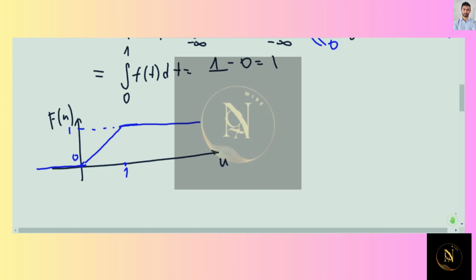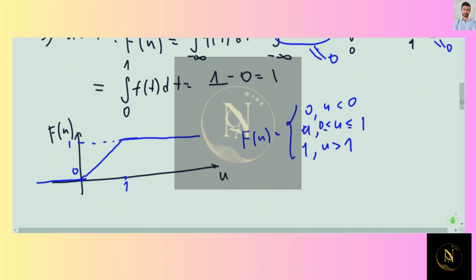Mathematically, we can write it in the following way. It equals 0 when u is below 0, it equals u when u belongs from 0 to 1, and it's 1 when u is above 1. So this is the answer to this question.